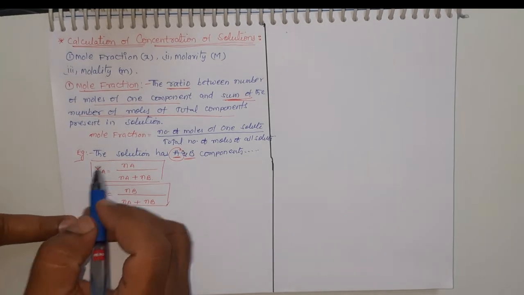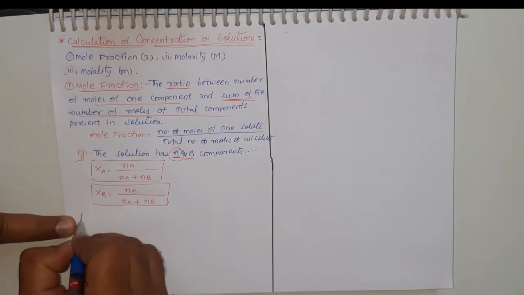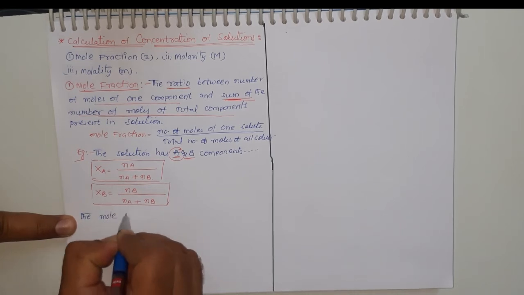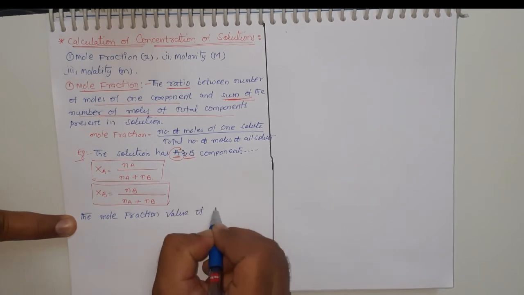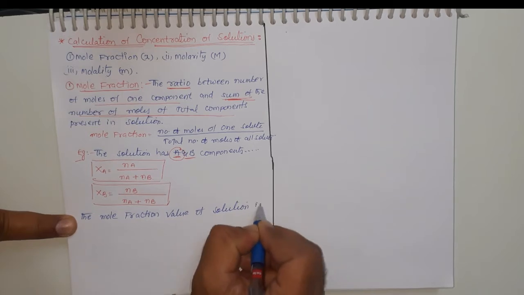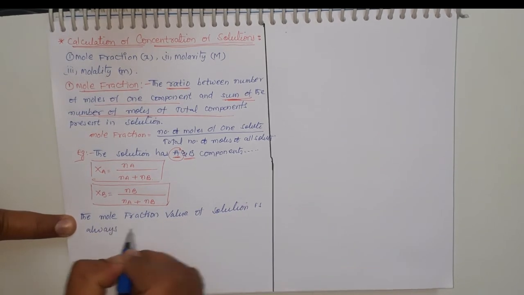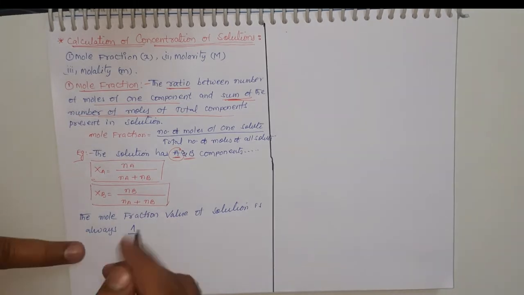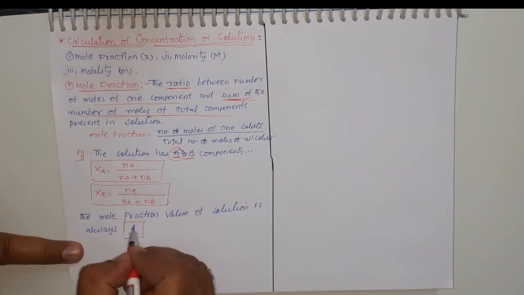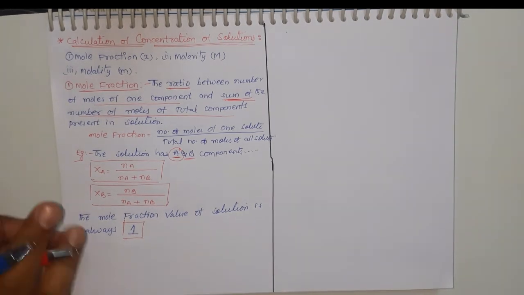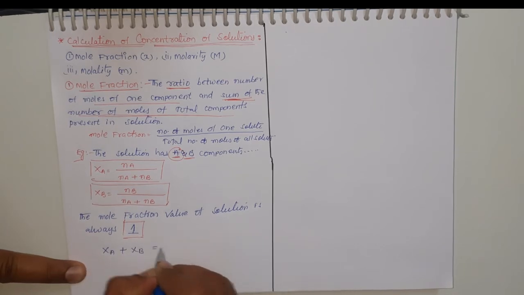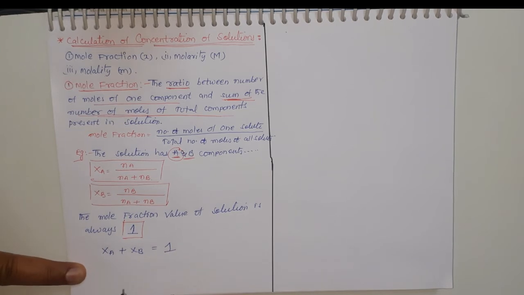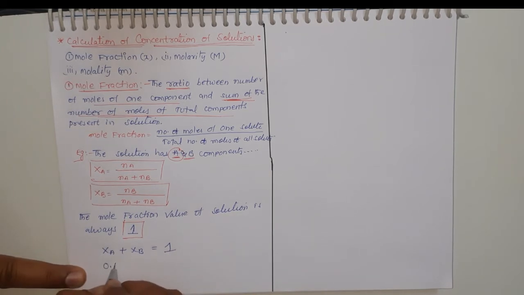Another point is the mole fraction value of a solution. The mole fraction value of a solution is always 1. Always 1. It is very important. That is how we show XA plus XB is always 1. For example, if the XA value is 0.5, then what is the XB value?